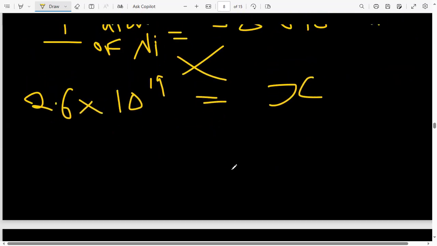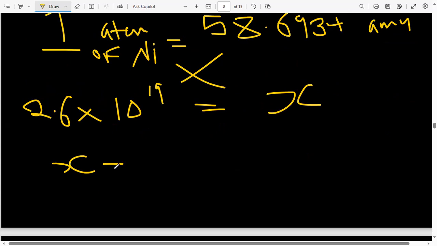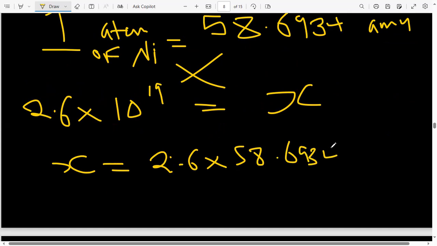So x multiplied by 1, you're just going to get x, which will be equal to this number multiplied by that number. So 2.6 multiplied by 58.6934 and then multiplied by 10 to the power 19. So you take your calculator and punch those values. I advise you first to do the 2.6 multiplied by 58.6934.